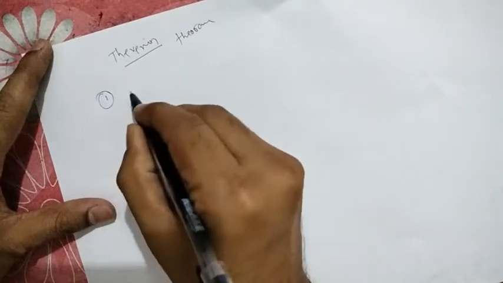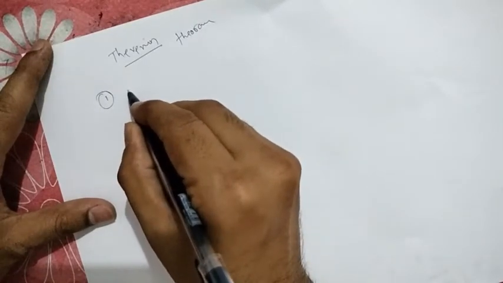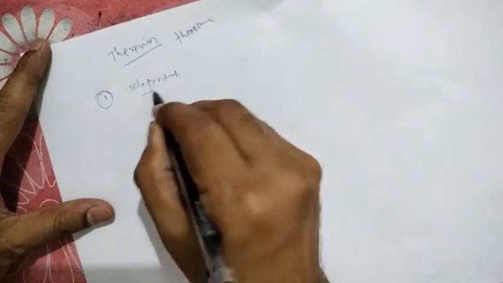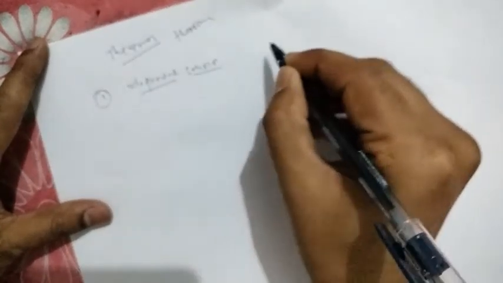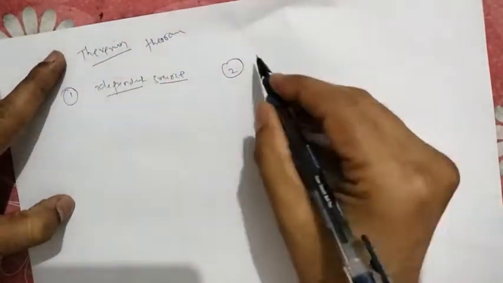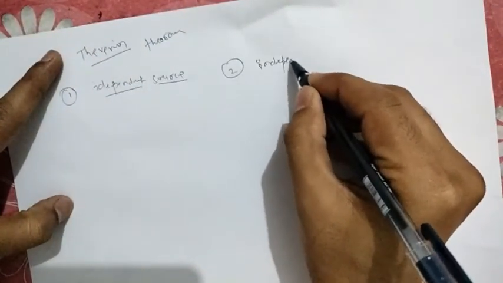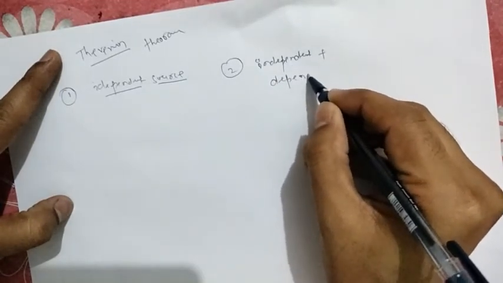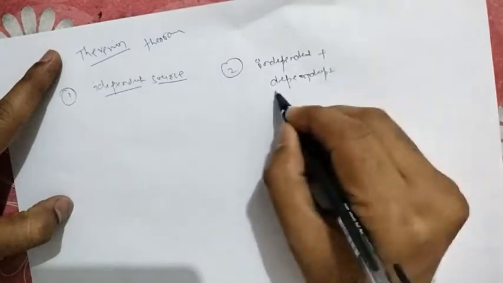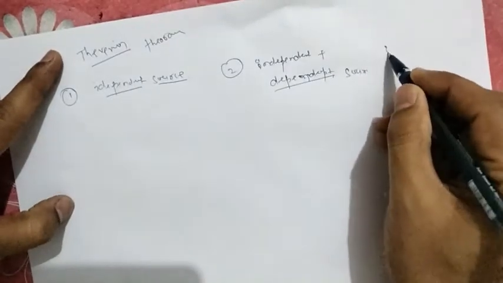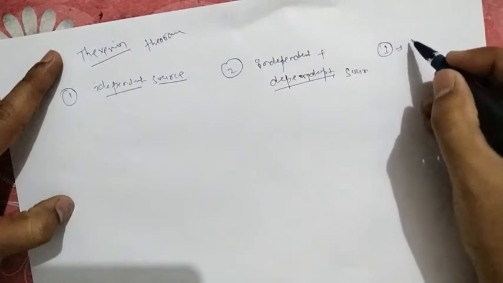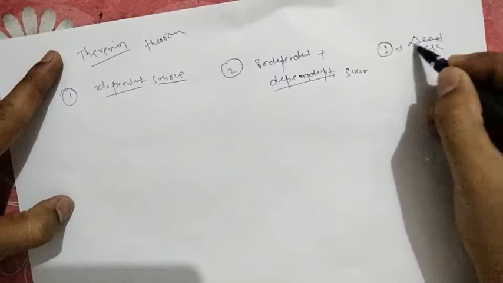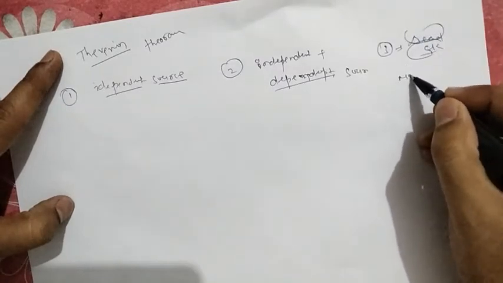The first type includes only independent sources. The second type includes independent plus dependent sources. And the third type is a dead circuit, with no independent source.